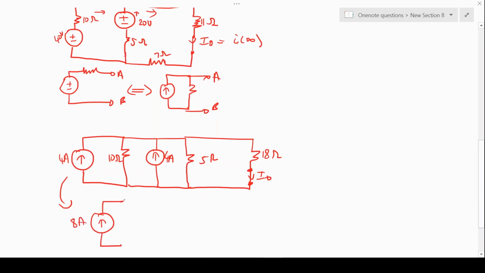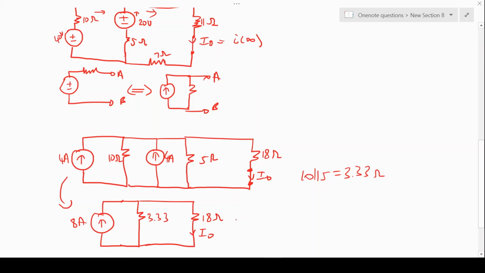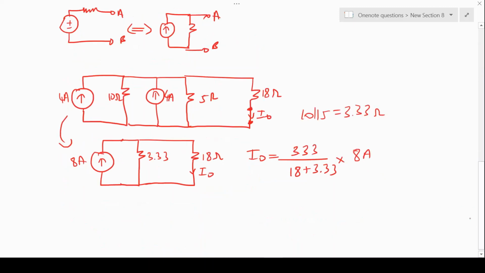10 in parallel with 5 will give you 3.33 ohms. And we have our 18 ohms with I0 that we're looking for. Now we can determine I0 by using current division. So we'll say I0 is 3.33 over 18 plus 3.33, all multiplied by 8 amps.